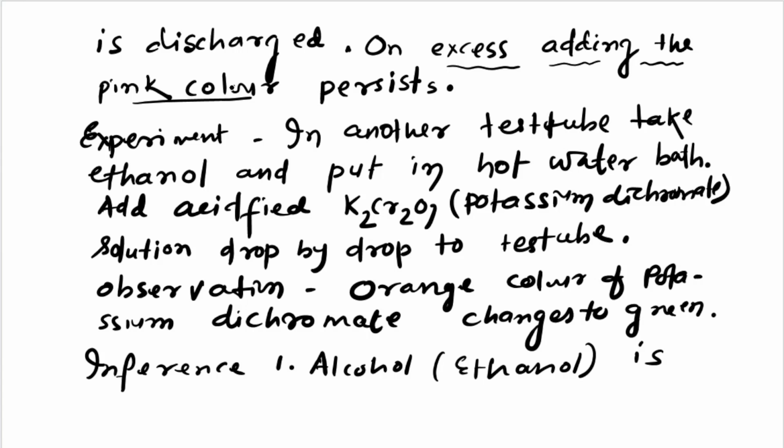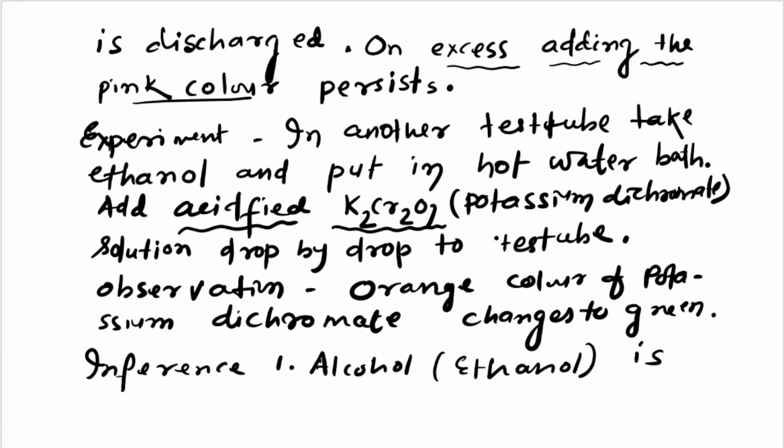In another test tube, take ethanol and put it in a hot water bath. As before, put it in the hot water bath and add acidified potassium dichromate. What does acidified potassium dichromate mean? Acidified means you are adding acid. K2Cr2O7 means potassium dichromate.